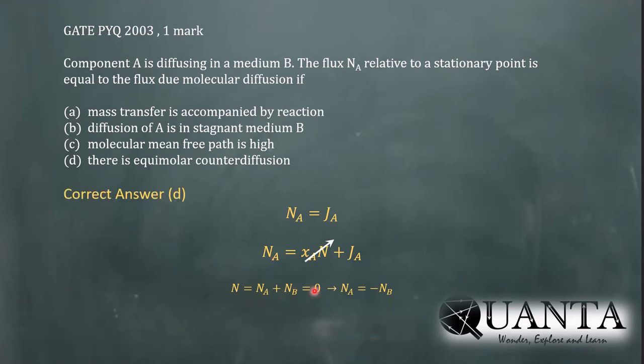For it to be 0, we can see NA should be equal to minus NB. And the answer is D, which is equimolar counter diffusion. Because only in equimolar counter diffusion will we have this term going to 0. And if this term goes to 0, then we have flux of A equal to its diffusional flux. You can readily visualize the plane across which there is equimolar counter diffusion.